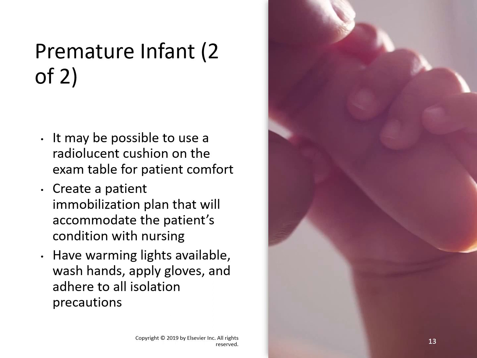Create a patient immobilization plan that will accommodate the patient's condition. Okay. Typically, that's a burrito wrap or a swaddling wrap. And I think they have stepwise instructions on how to do that in the book, or at least they used to in previous editions. Understand some patients can't be swaddled.